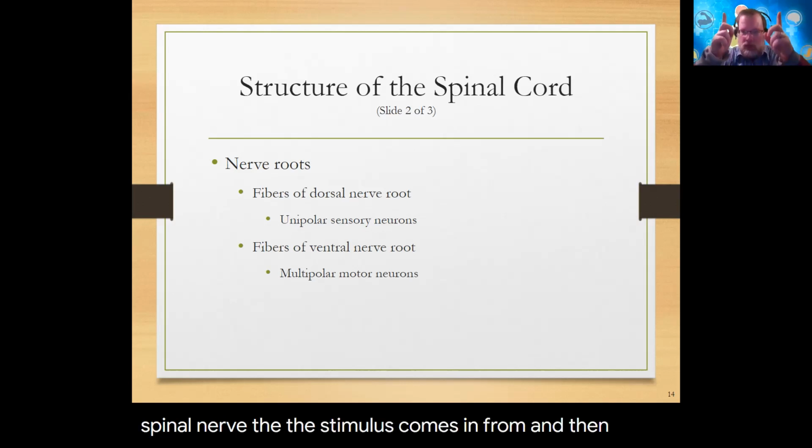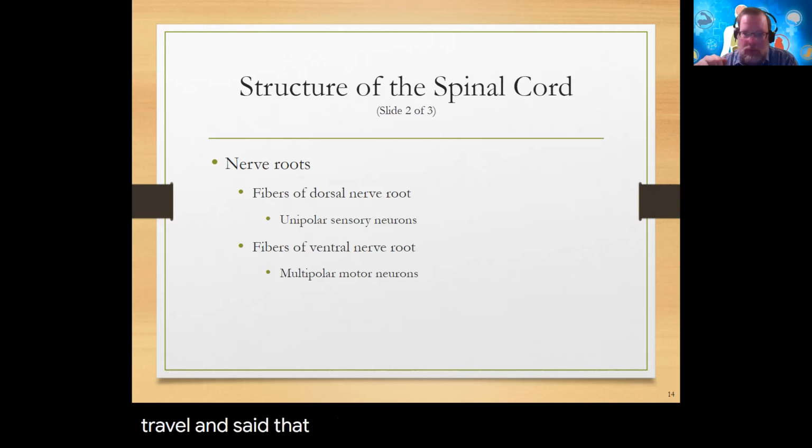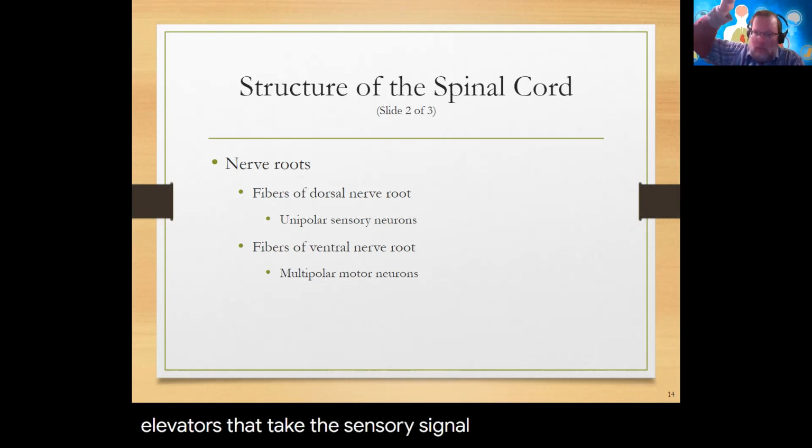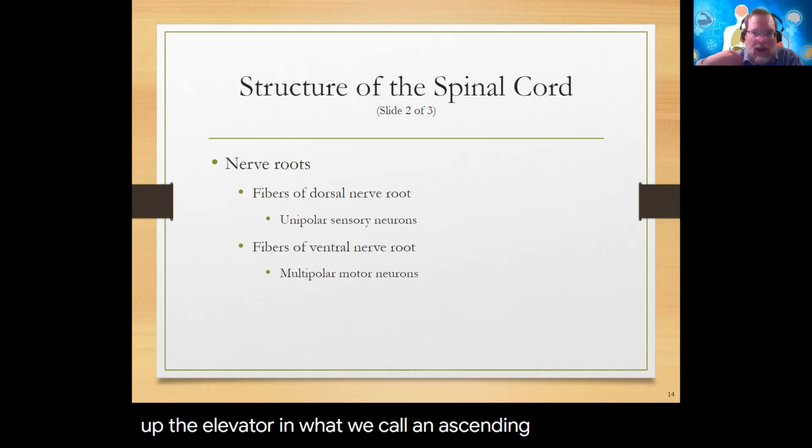And then we send that impulse up the elevator, what we call ascending tracts. So we'll see ascending tracts in the spinal cord. These are basically elevators that take the sensory signal up to the brain. So again, sensory comes into the back, dorsal, and then goes up the elevator in what we call an ascending tract with a T. We'll look at that in a few minutes.